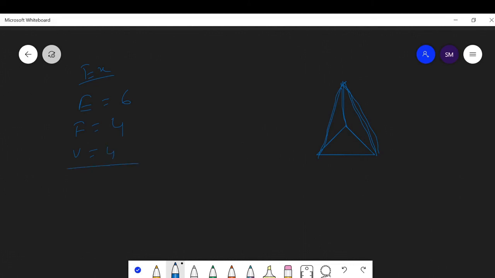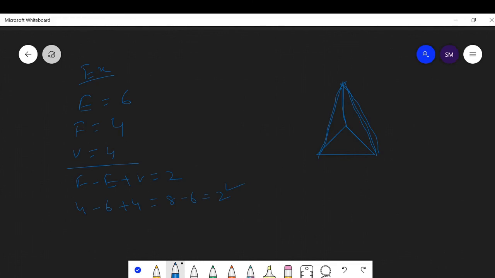Then by applying Euler's formula, you can check whether your answer is right or wrong. F minus E plus V is equal to 2. Here 4 minus 6 plus 4 is equal to 8 minus 6 is equal to 2. Yes, it satisfies Euler's formula, means your answer is right.